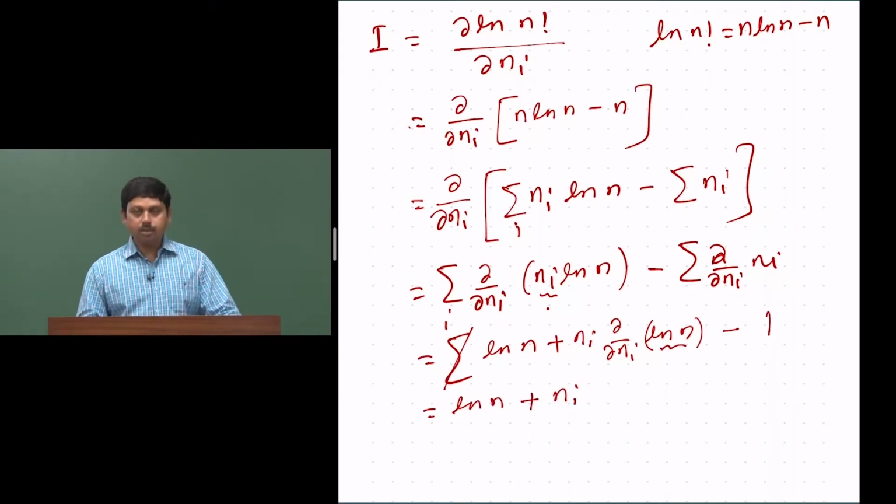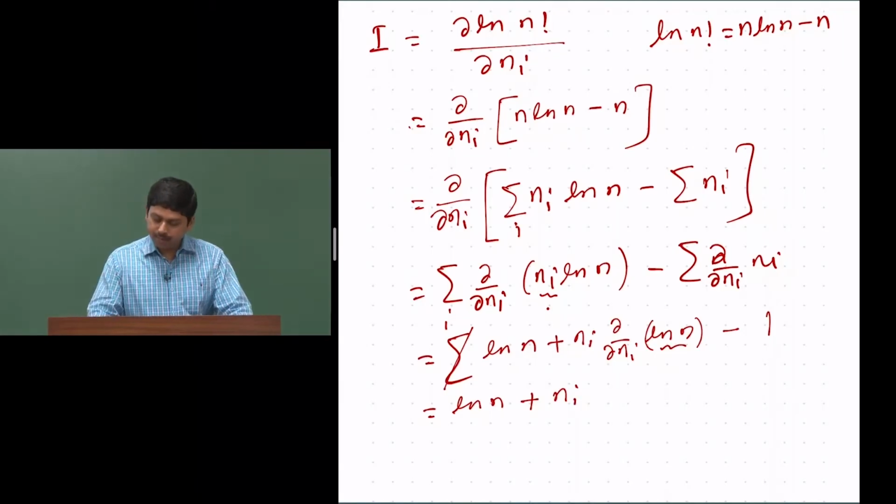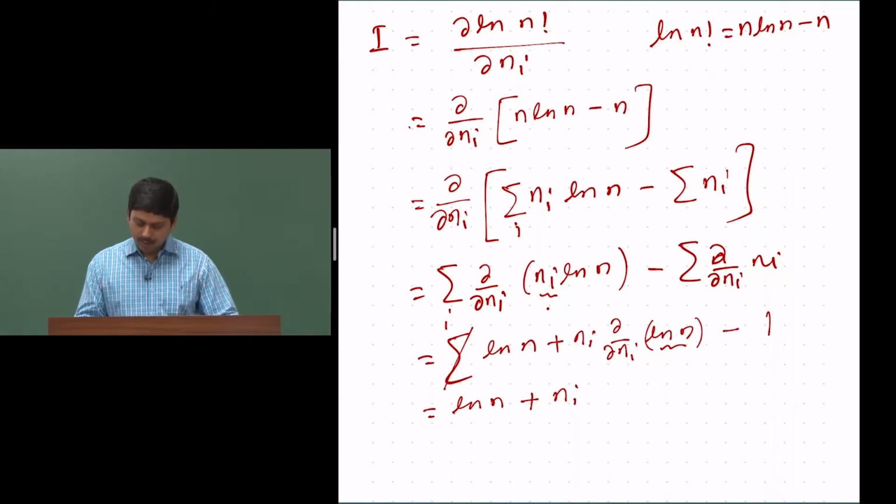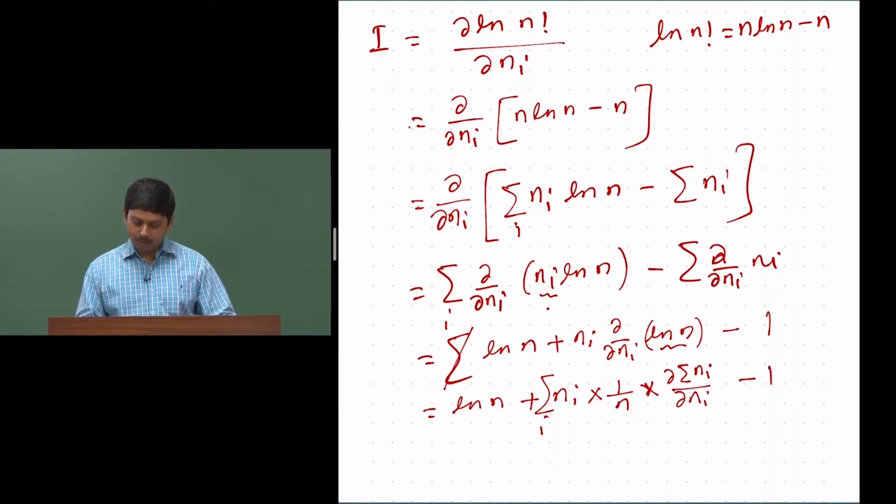Now, when you differentiate with respect to ln n, you are going to get 1 by n, ni into 1 by n. This sum is still there in this particular case, and the differentiation of the sum of ni by n minus 1.